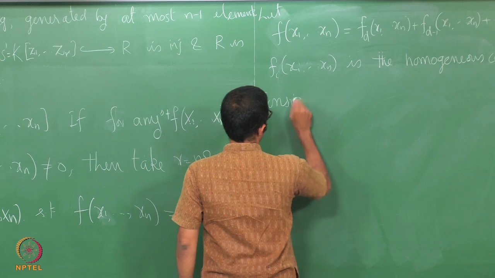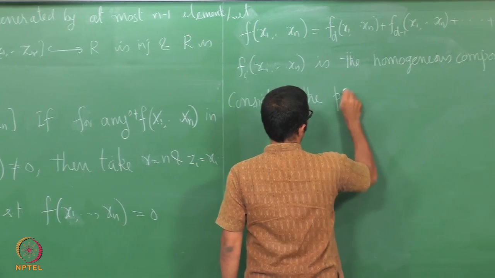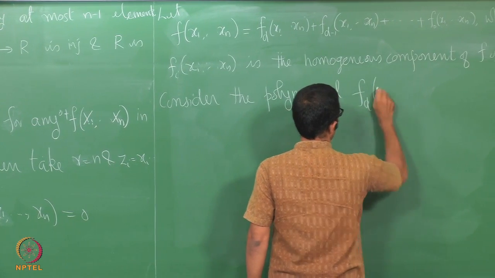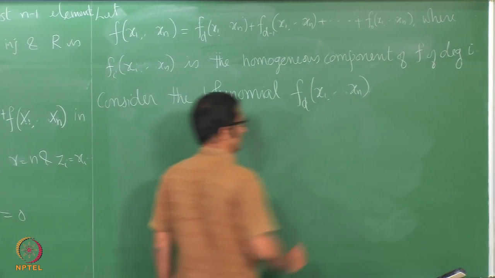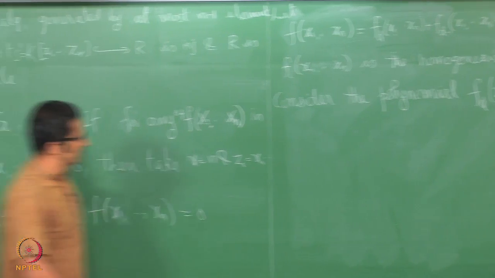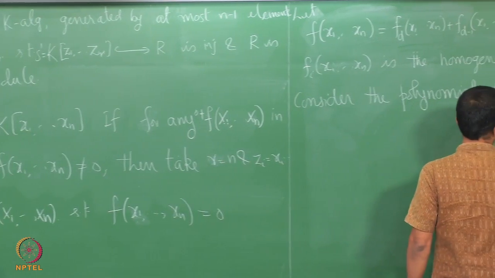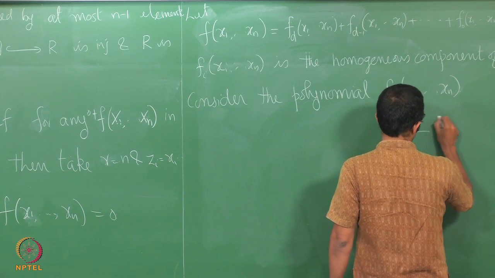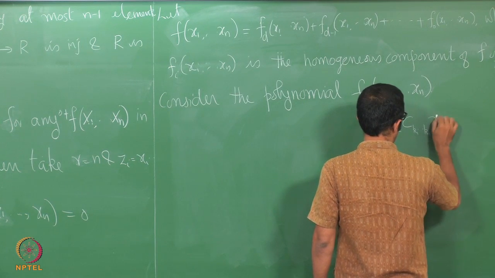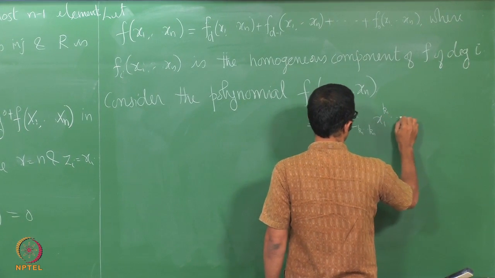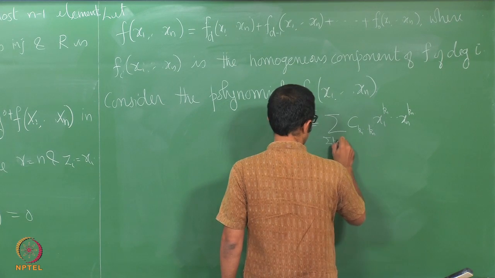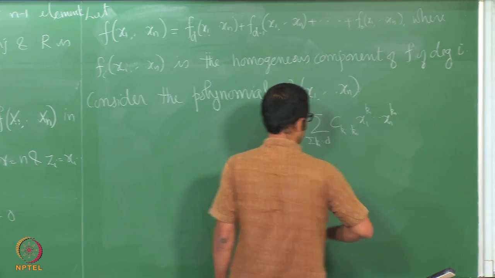So, consider the polynomial. Let us write this as the summation of c_{k1...kn} x1 power k1 up to xn power kn, where the summation of the ki is equal to d.